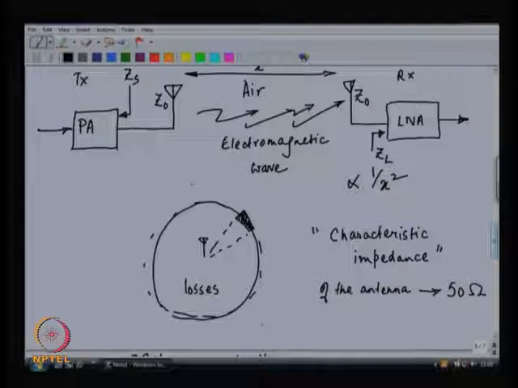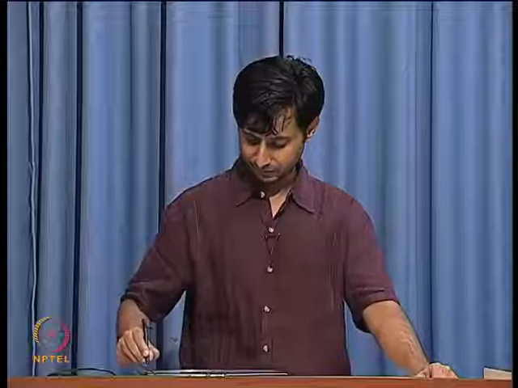So, important to remember is that the characteristic impedance is not the resistance. An antenna is not supposed to burn power, it is not a lossy element, it is supposed to be lossless. You do not want to finish off all the power right in the antenna, you want to use the antenna to capture the power from the atmosphere and hand it off to the rest of the receiver.